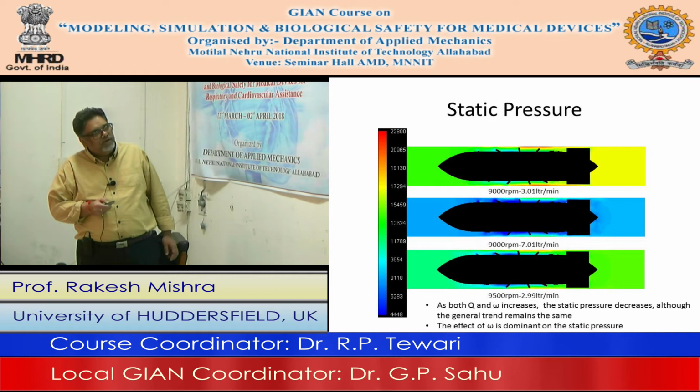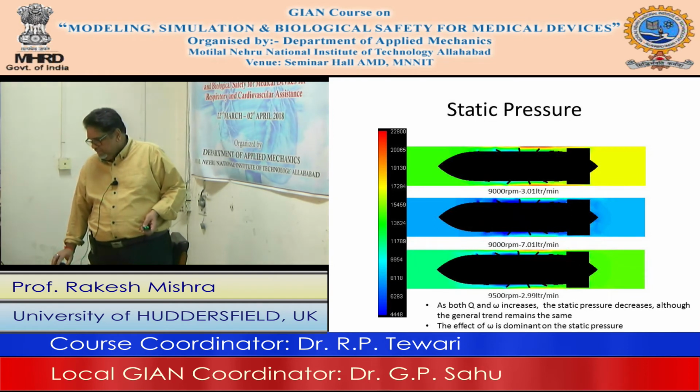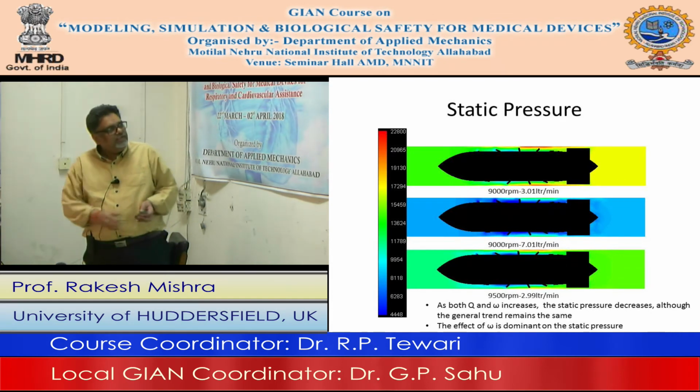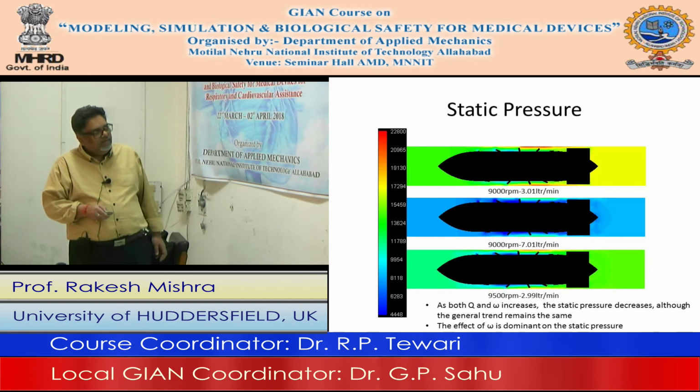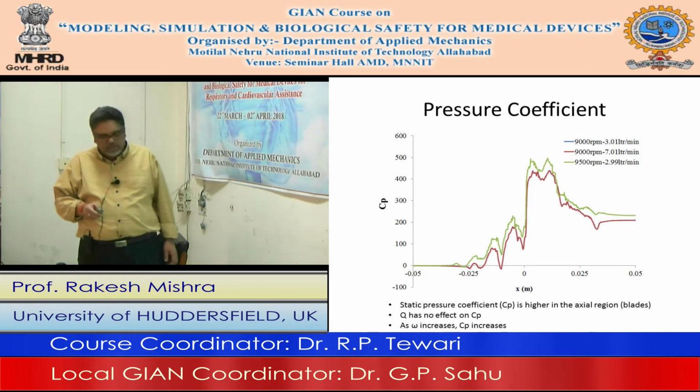But if you take this part, the blood is flowing in this part continuously, and the blades are affecting the flow, which is causing pressure to change here. So I want to see how flow takes place in this part. That is why I have created this green line here, and I am seeing how pressure is varying along this line.